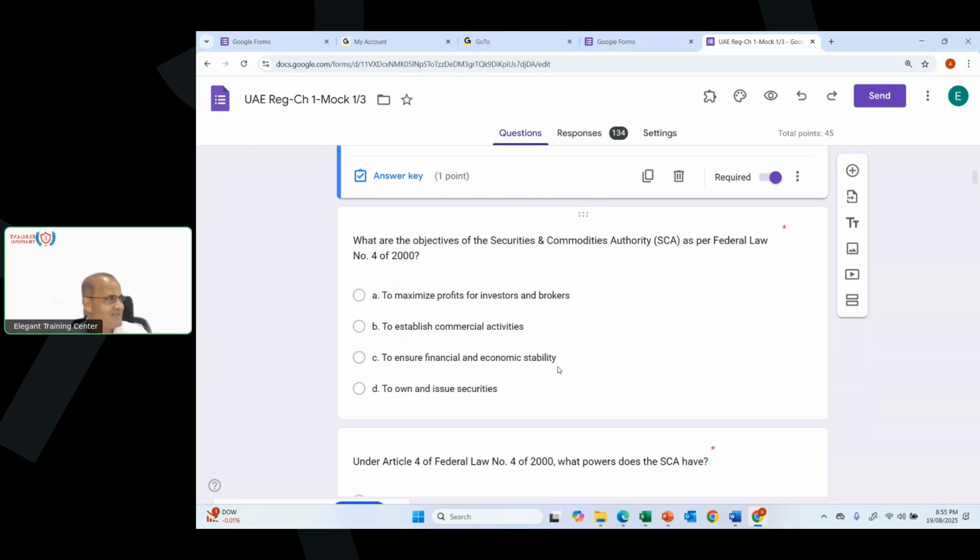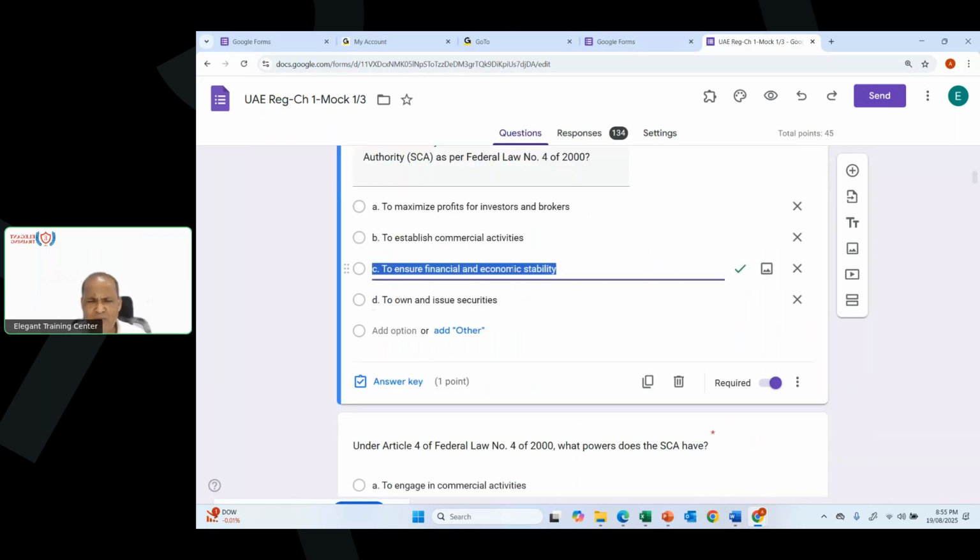Yes. Because SCA is not a commercial entity. SCA is a regulator, right? So not to maximize profit, not to have commercial activities, not to own shares. SCA cannot have shares. SCA cannot invest. SCA cannot buy shares, because those are all commercial transactions. SCA can only ensure financial and economic stability. Okay, next.